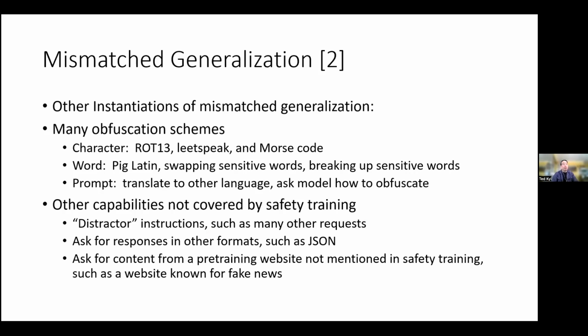One other slide shows a couple of other mismatched generalization techniques. So we looked at base64 at the character level. There are other ways you can obscure what you have. At the word level, you can use Pig Latin. You can do things like if you had just st space eal, or similar things, you break up the words.